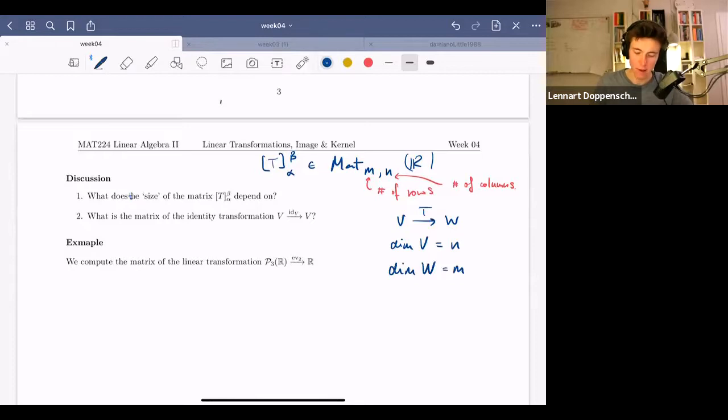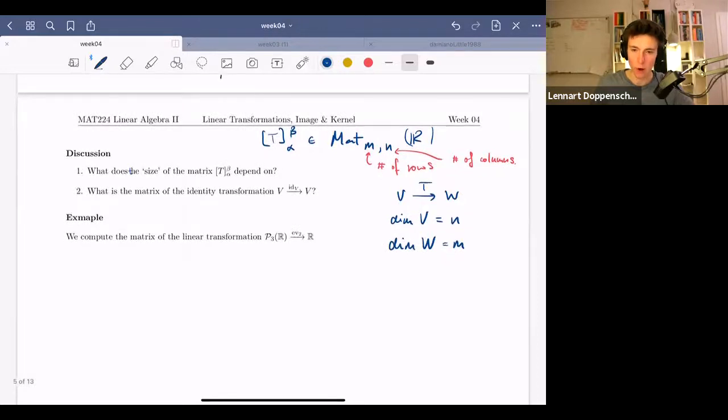The way I remember this is, if you go from V and W to their Rn representations, their coordinates, the tuple formulation, then you will have an n-tuple representing a vector in V, which has to be able to multiply with this matrix T alpha beta.